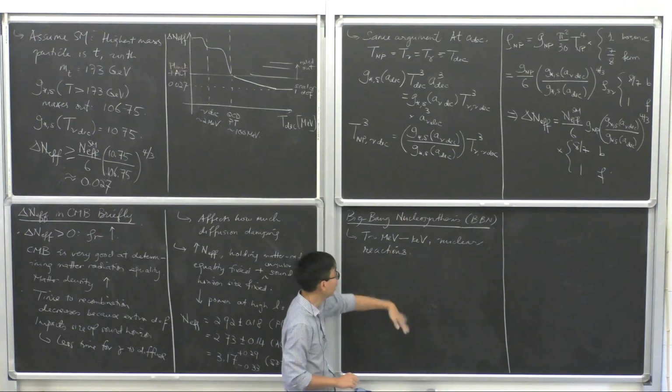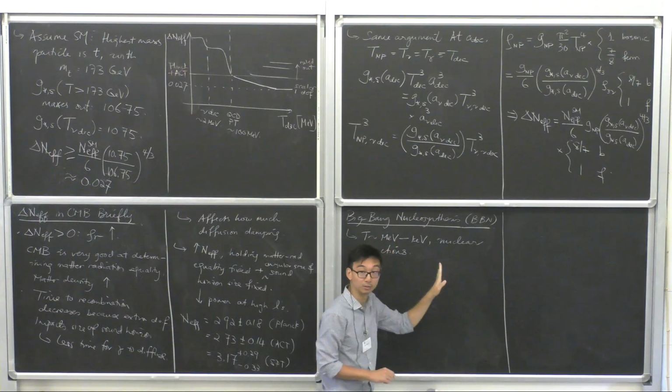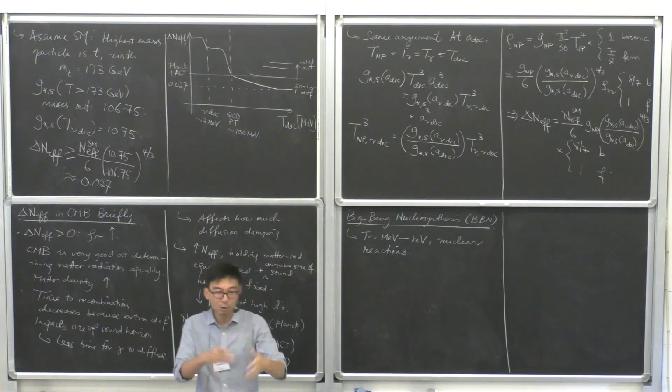And at the end of the day, as the universe starts off at very high temperatures and cools all the way down to a keV, you're going to get all these nuclear reactions happening.